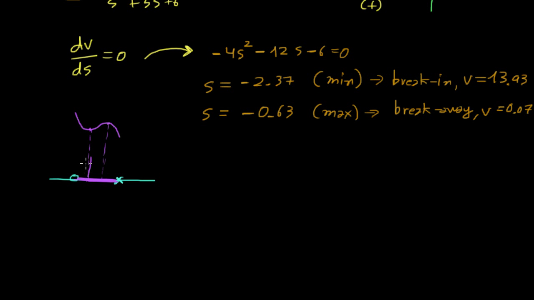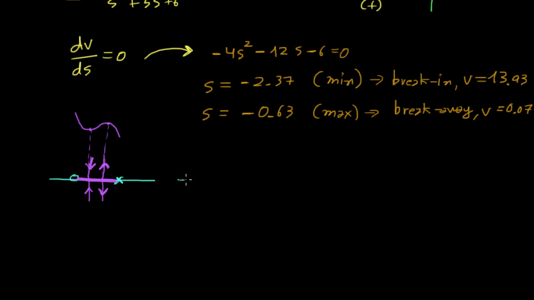So here the root locus is arriving to the real axis, and here the branches of the root locus are leaving the real axis.